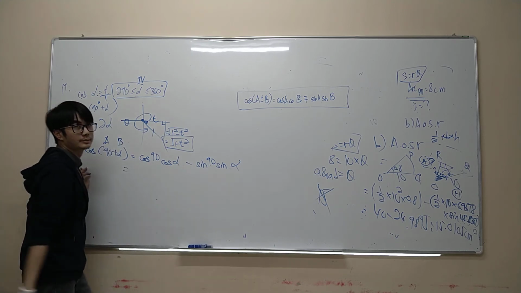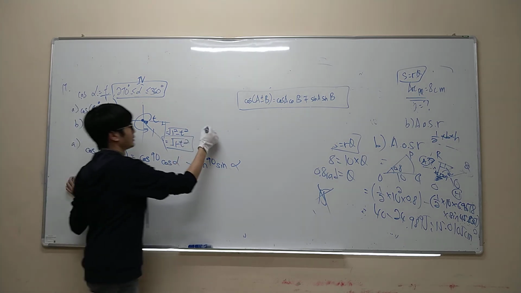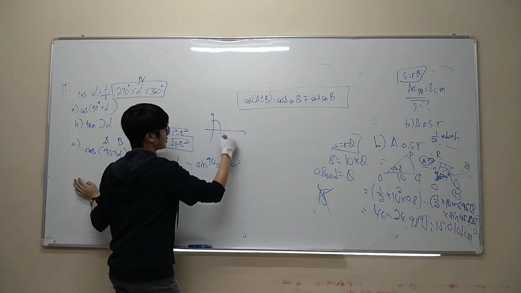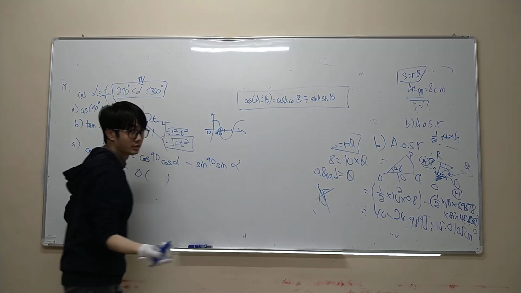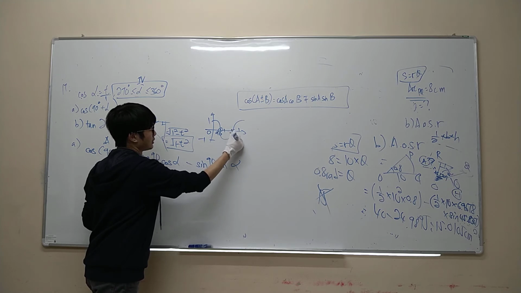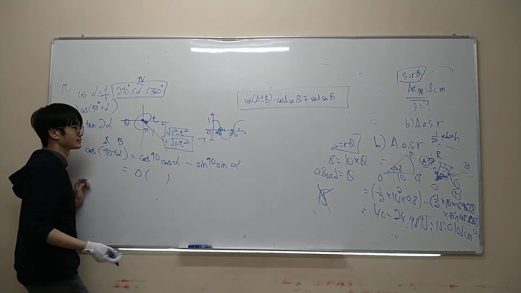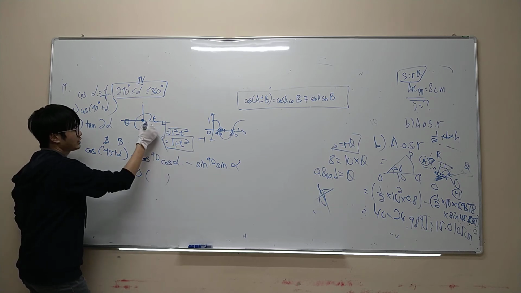Okay, what's cos 90? 0. Zero. Right? Here 1, here negative 1. Okay? So cos 90 is 0. What's cos alpha? Cos alpha is adjacent over hypotenuse.